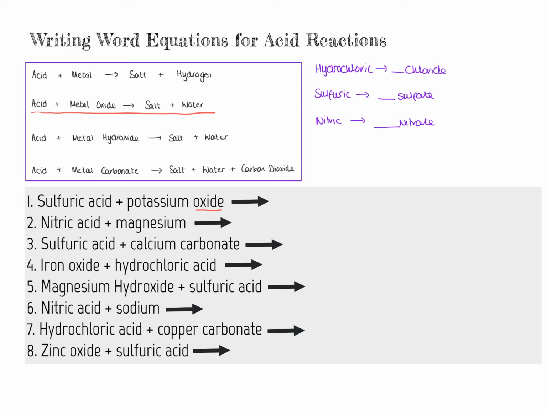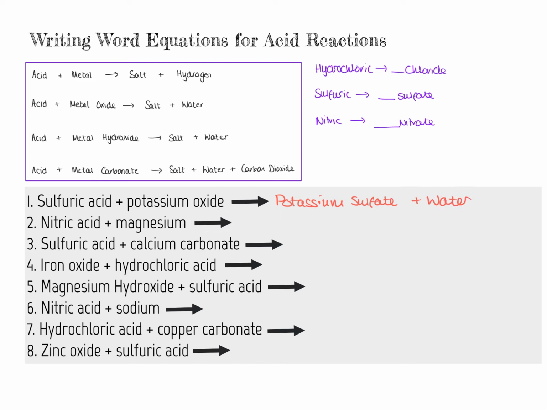So if we have a look at what we've got, the metal, if you look across here, is potassium, so that comes first, so we'll write that one down, potassium. And the other part comes from the name of the acid, so it's potassium sulfate. That's the name of our salt. And then if we go back to the general reaction, it's plus water, so we need to stick the water on the end as well.